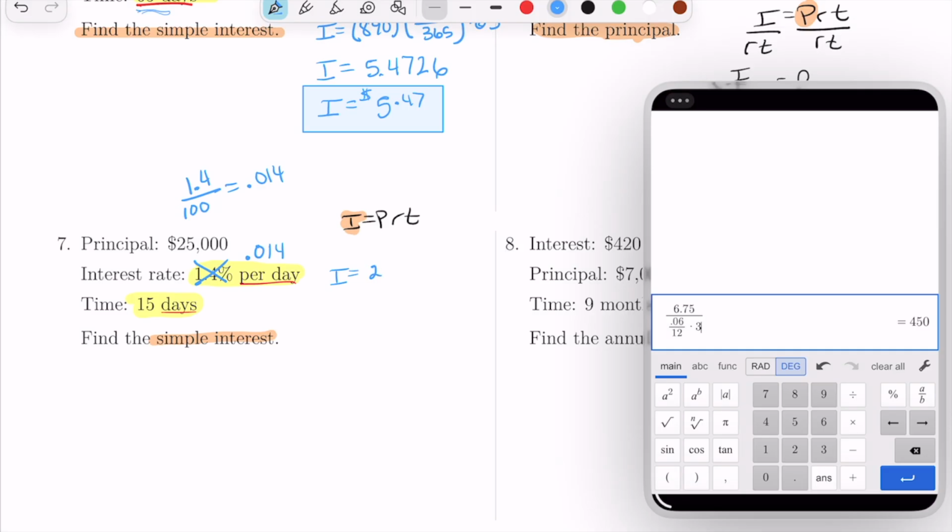The principal is 25,000. Our rate is 0.014 per day, and our time is 15 days. I don't need to divide by 365 because this is already a daily rate for a number of days. Our labels already match.